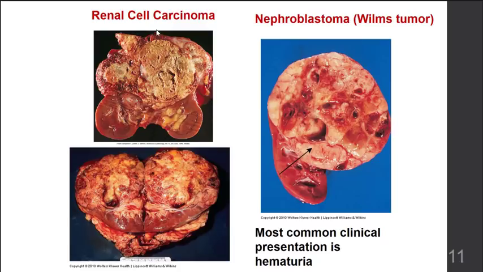Renal cell carcinomas are adenocarcinomas. Etiology, for the most part, unknown. Remember, adenocarcinomas are tumors forming from the glandular structures and epithelial tissue. The second tumor is called nephroblastoma, or Wilms tumor, more common in kids. It's an embryonal tumor of the kidney caused by abnormal proliferation of renal stem cells.